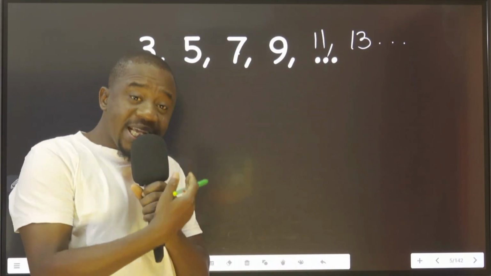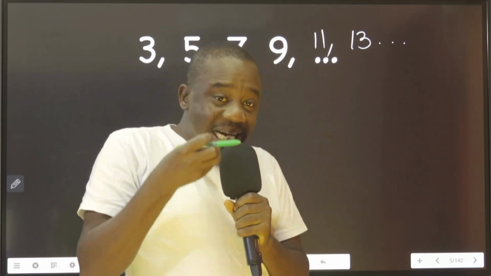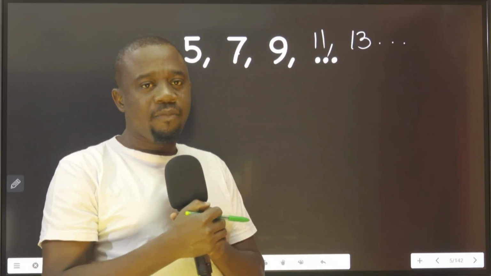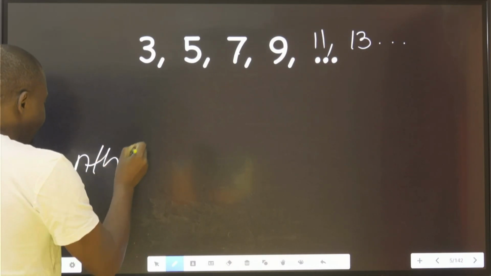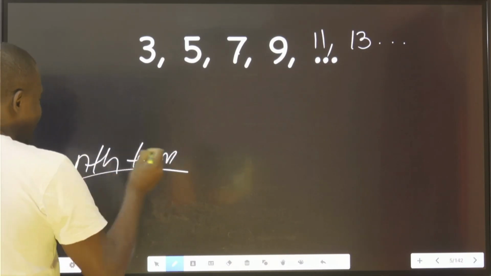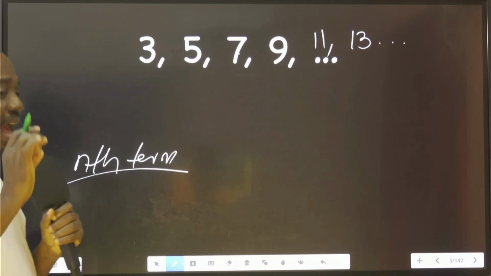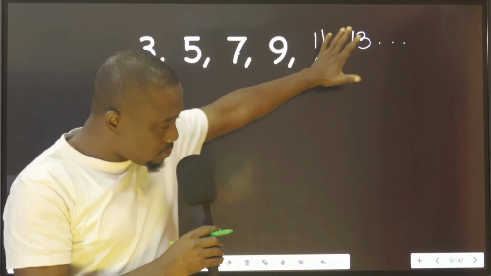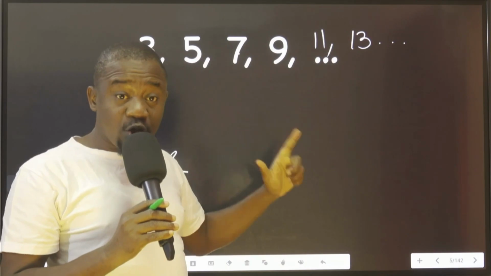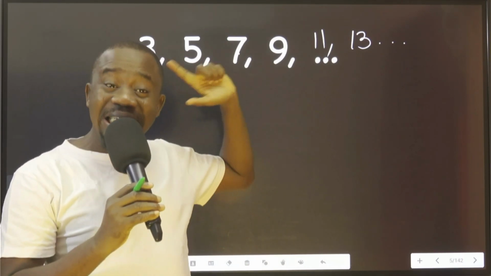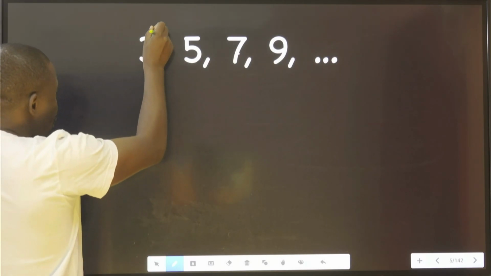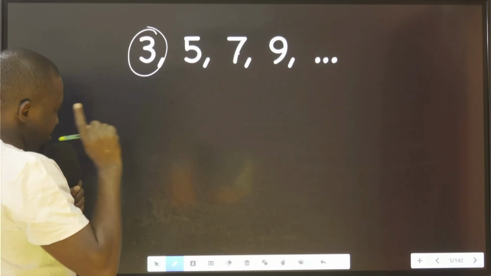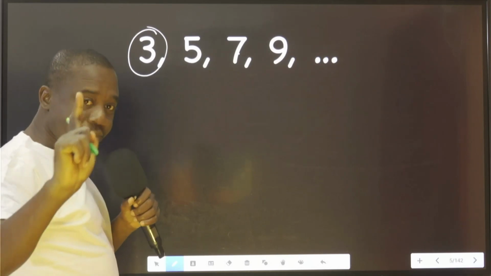Okay? So for this sequence now, we can what? Derive a formula for it. That formula is called the nth term formula. The nth term is a formula that represents this sequence, which you can use to generate any term in the sequence. What we need to do, we are going to look at this first. This is the first term.